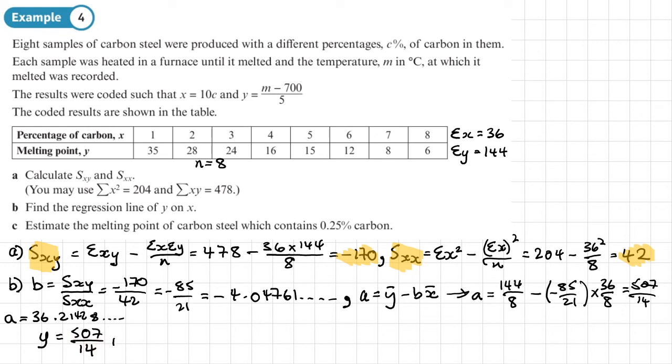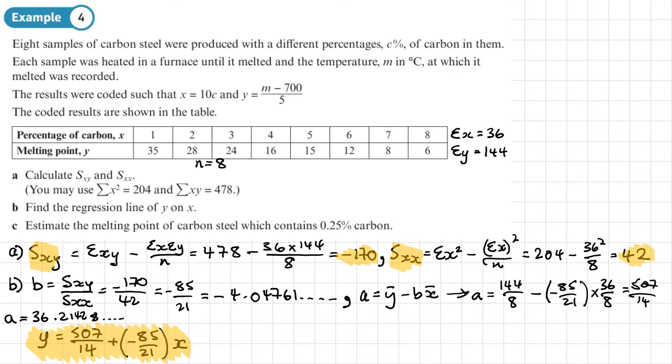So it's A plus bx. Now b also happens to have an exact value, negative 85 over 21. So plus negative 85 over 21, or just minus 85 over 21x. So there I've got a nice exact regression line formula.